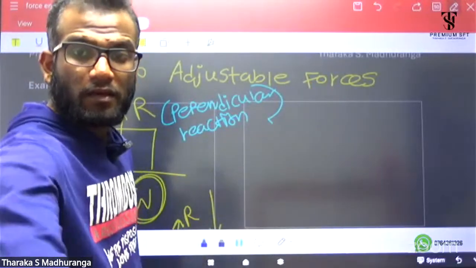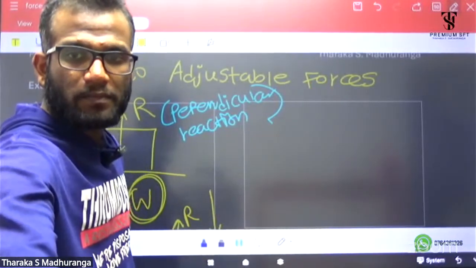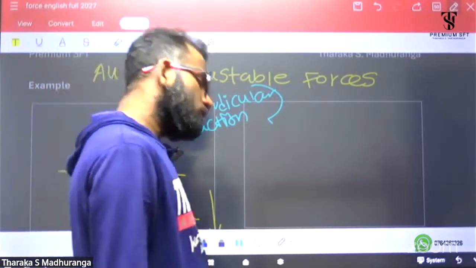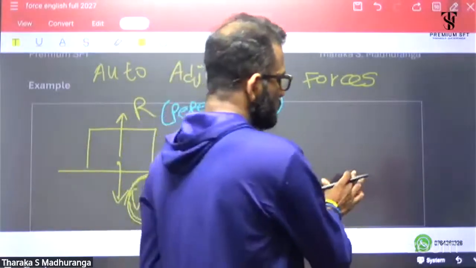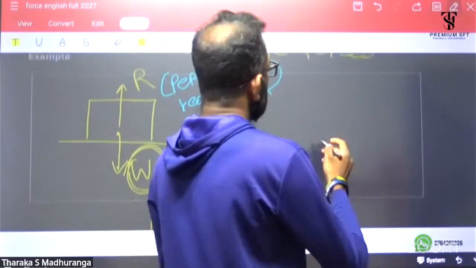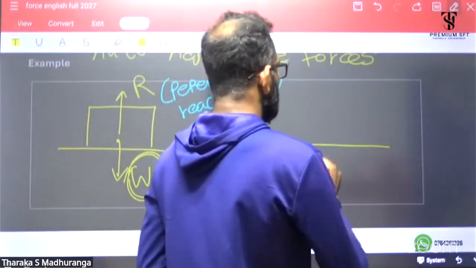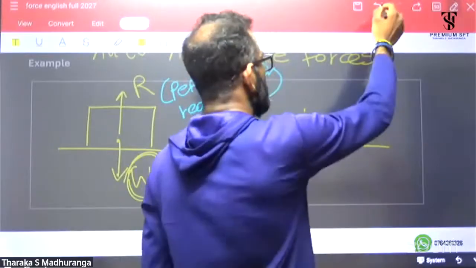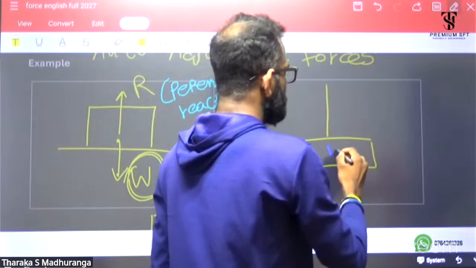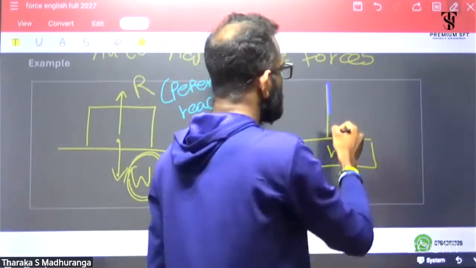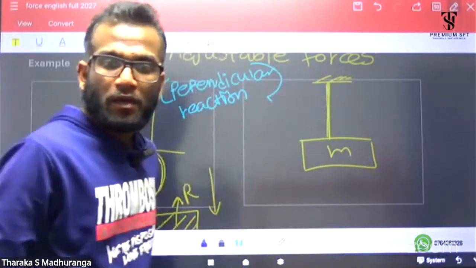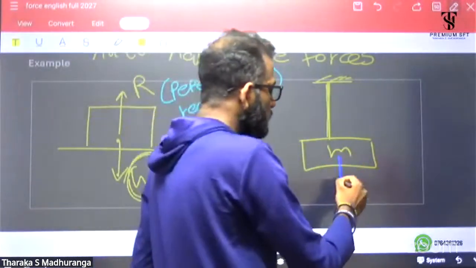That's another example. If you have a tension force, weight and tension force like this. Think this is a mass, and this is a string connected to it. mg is the weight, right?